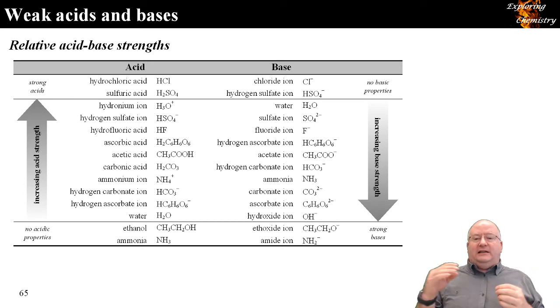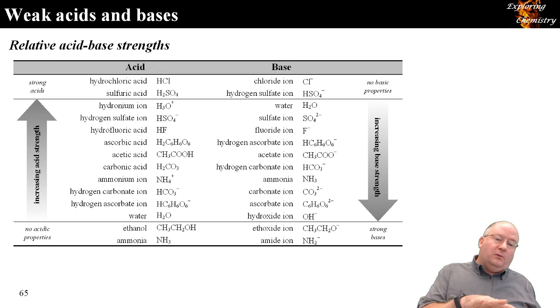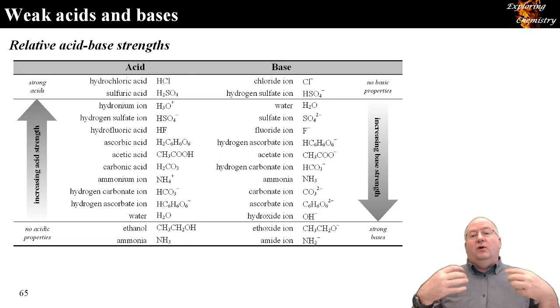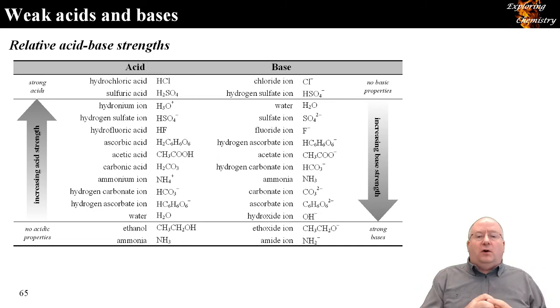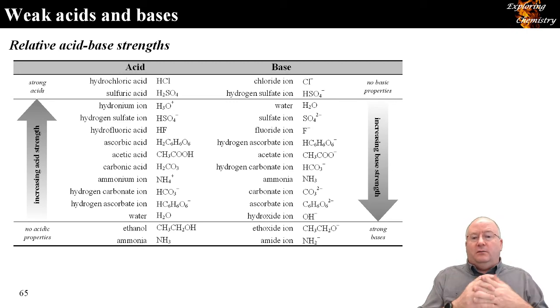If a weak acid is relatively strong, that is, it has a high equilibrium constant, the conjugate base is relatively weak in comparison. So hydrofluoric acid is a relatively strong weak acid, and the fluoride ion would be a relatively weak base. I hope that makes some degree of sense.